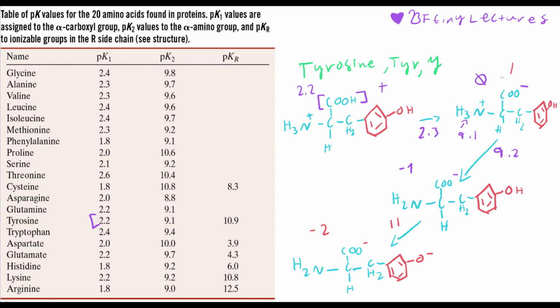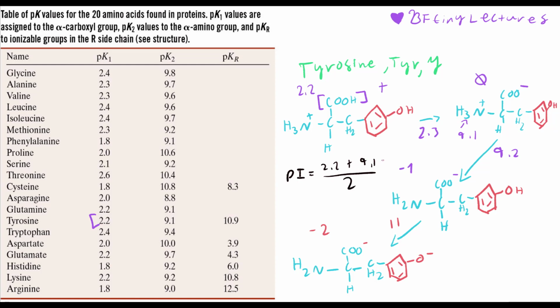And then, to find the PI, you need to have the value, okay? So the PI of this would actually be the 2.2 plus the 9.1 divided by 2, because there are two values.